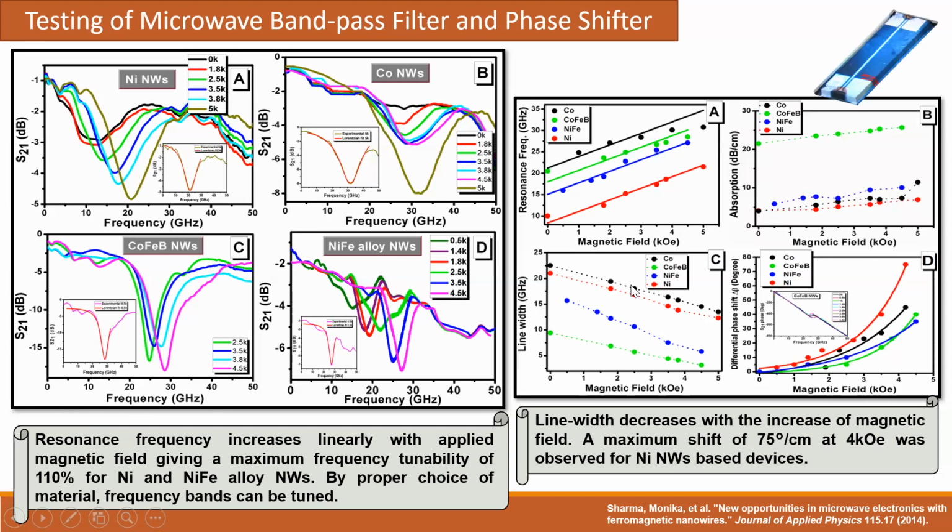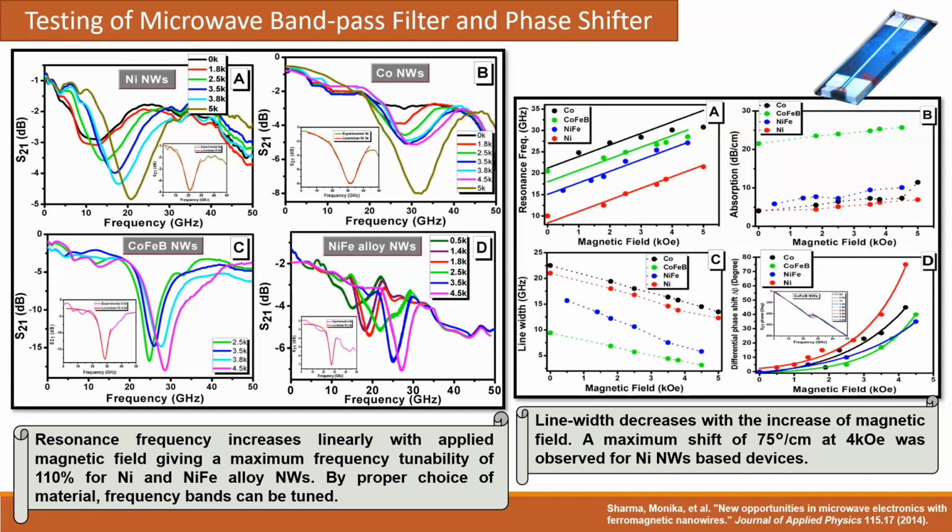So this shows the different resonance frequency, the absorption, the line width, as well as the phase shifter response of different nanowire materials. We can see that the resonance frequency increases linearly with applied magnetic field, giving a maximum frequency tunability of 110 for nickel and nickel iron alloy nanowires.